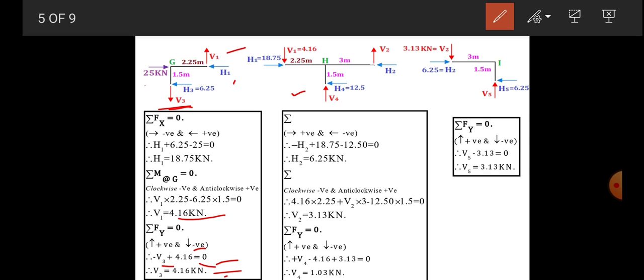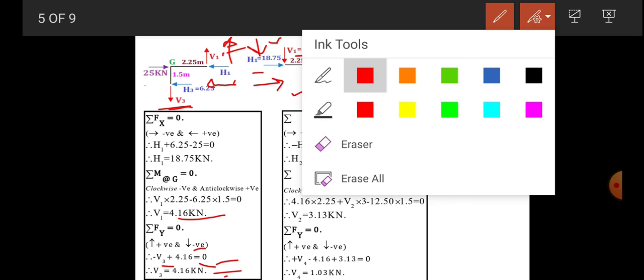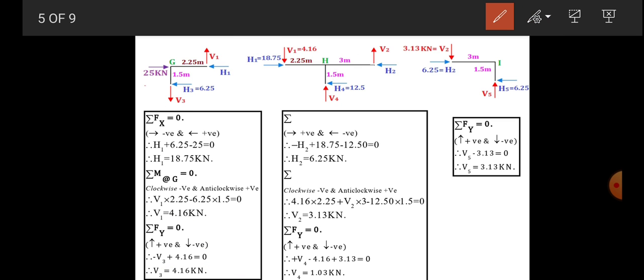Now let's consider the next joint, the H joint. Whatever forces are acting here, you have to apply them in the opposite sense on the adjoining structure. H1 is acting toward the left side, so you have to consider it toward the right side, and this V1 acting up, so here we have to consider it down. Let's also consider the other joint.